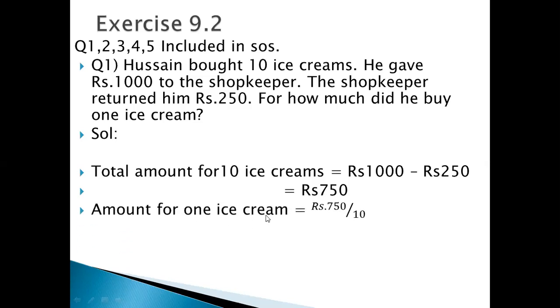So amount for one ice cream: total price of 10 ice creams is 750, number of ice creams is 10, so 750 divided by 10, 0 cancels with 0. So we get 75 rupees. It means that one ice cream price is 75 rupees.